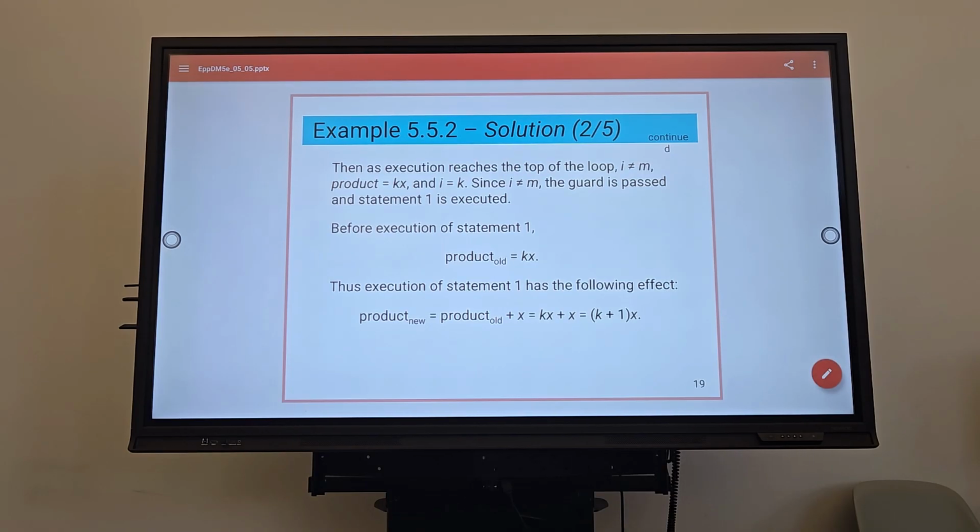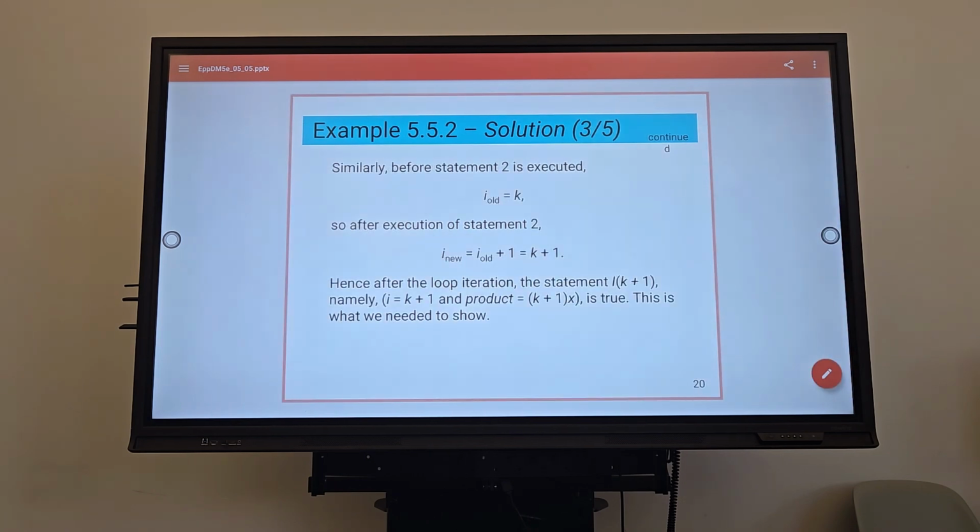Before execution of statement 1, product old is k times x. Thus, execution of statement 1 has the following effect: product new equals k plus 1 times x. Similarly, before statement 2 is executed, the old I is k.